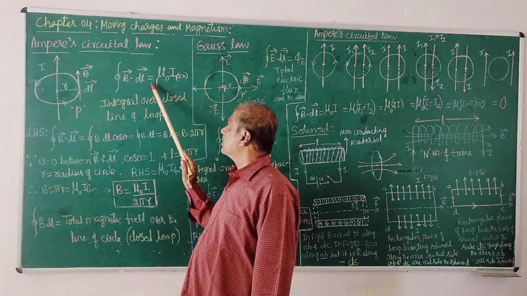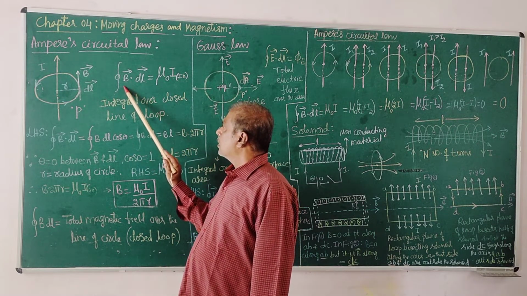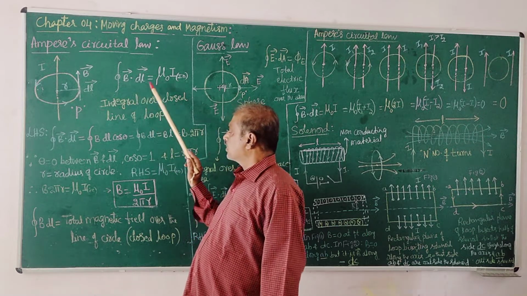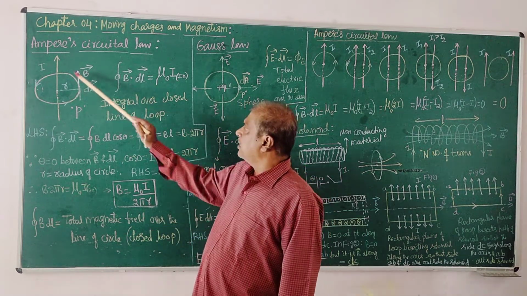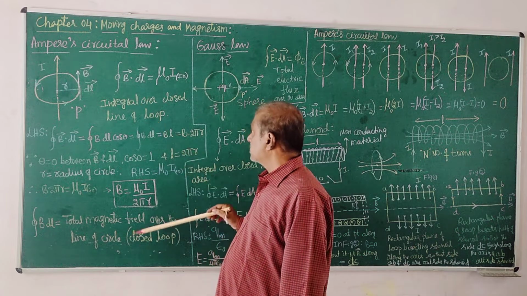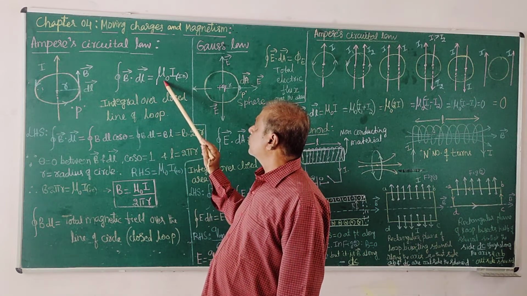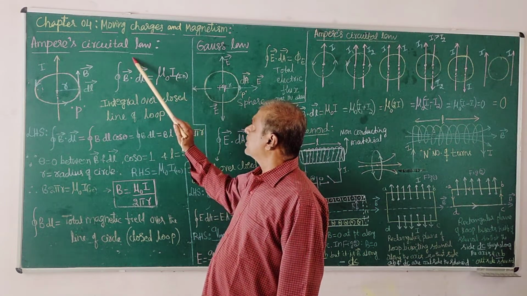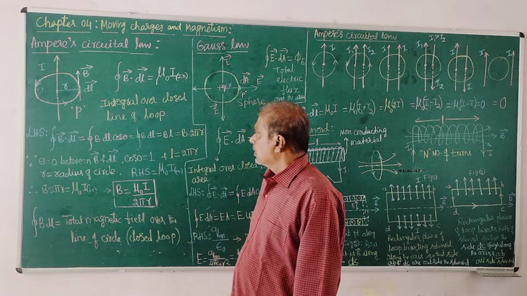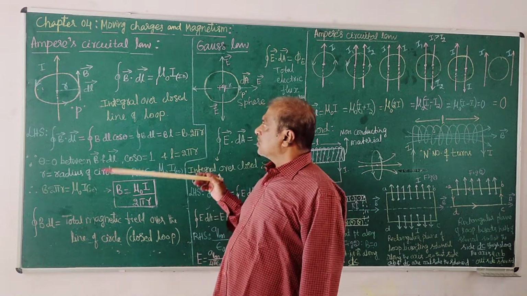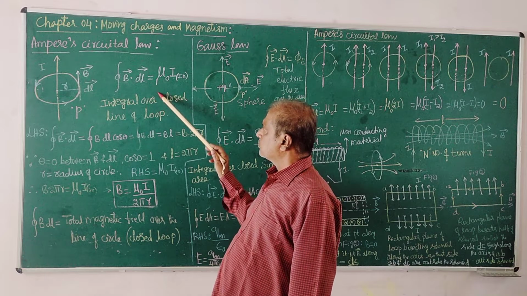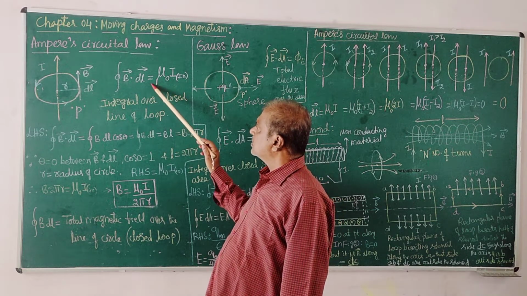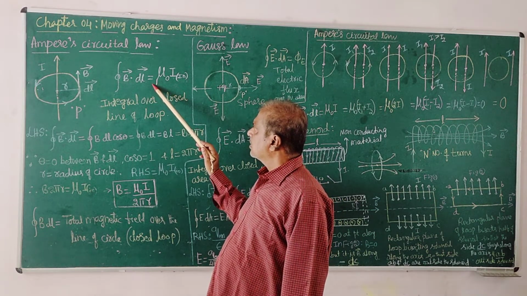This is the total amount of field over the line of circle, that equals mu naught into I. It is the Ampere circuital law. That is the actual statement of the law. So this is the law I explained.